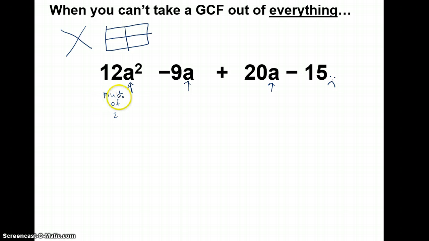Multiple just means M-U-L-T, I'm putting multiple. That's a multiple of 3, multiple of 2, and 4, and 5, and 10, and that's a multiple of 3, and 5, but none of them are all a multiple of the same number.